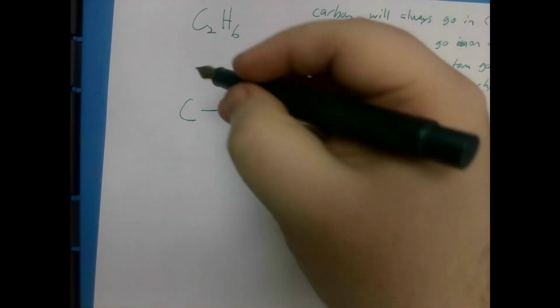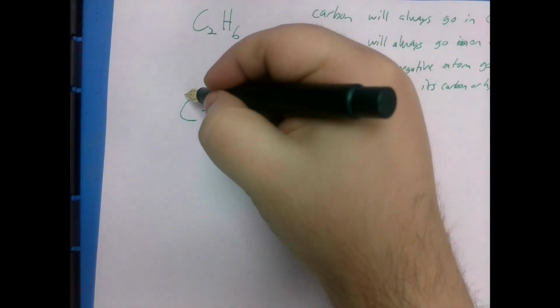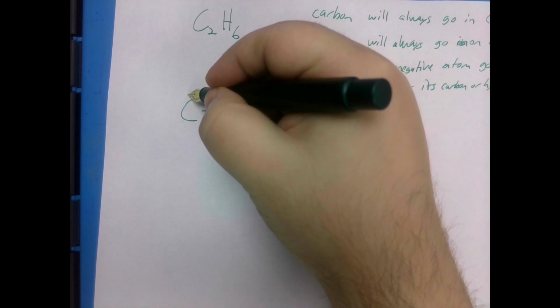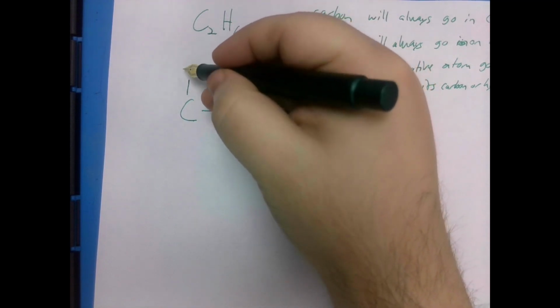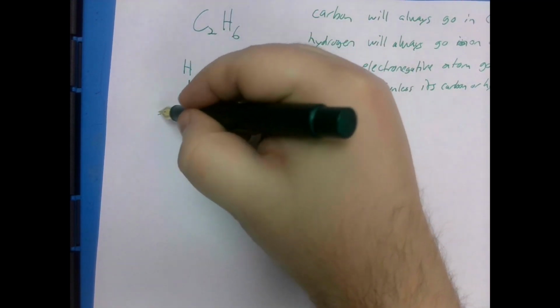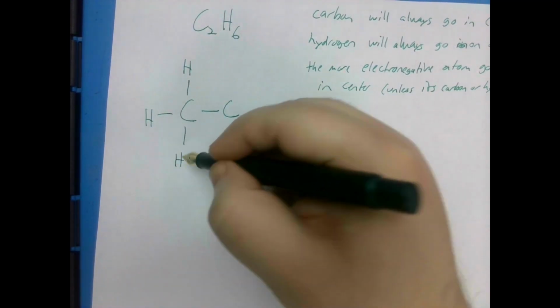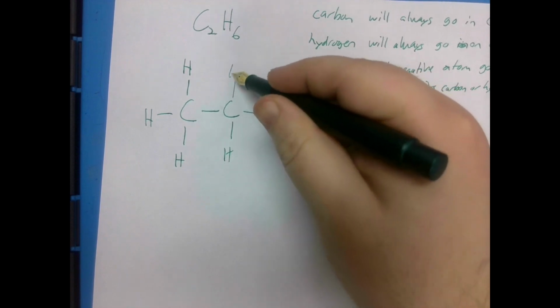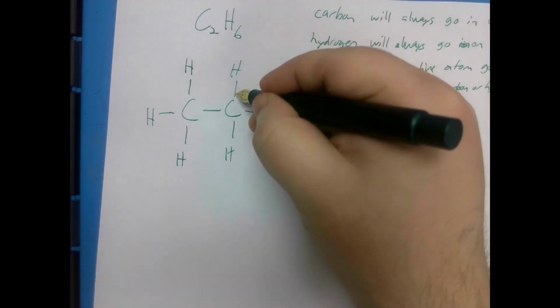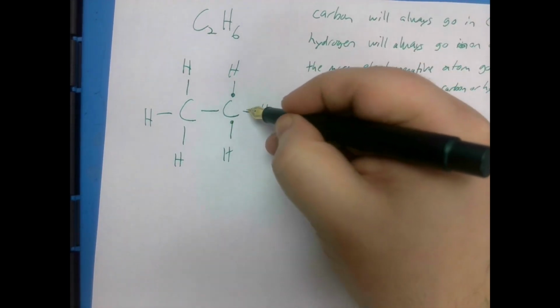And we need to do 6 hydrogens. Let me go ahead and link these up. I'll put 3 on that one and 3 on that one. So this is the original dot for the carbon.